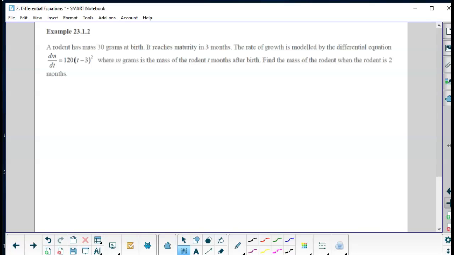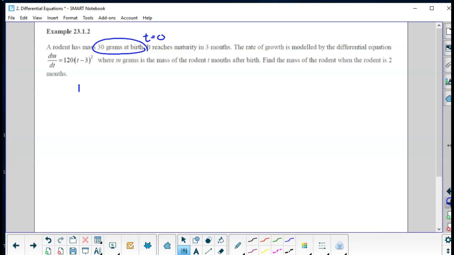Find the mass of the rodent when the rodent is 2 months. So we are given some initial values here. Like in the last one, if we were given a point that it passed through, then we could find that c value. Here we are now given at time t equals 0, the mass is 30 grams.